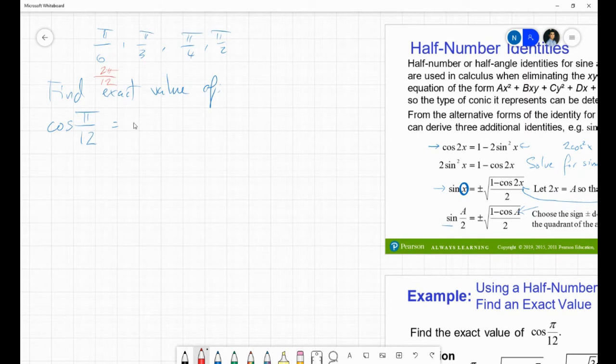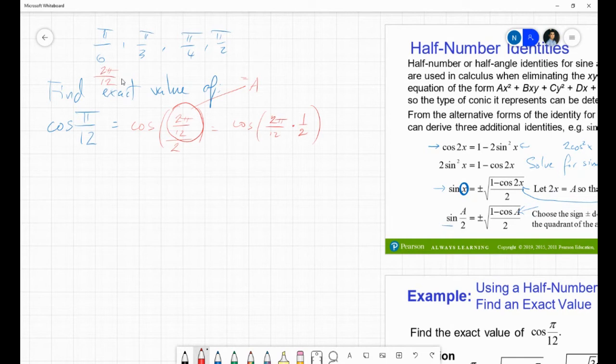So that means I can rewrite this as cosine of 2 pi over 12 divided by 2, which is the same thing as multiplying by 1/2. Right? So this is equal to pi over 12. You can see there. All right, so now my a value is 2 pi over 12 or pi over 6.